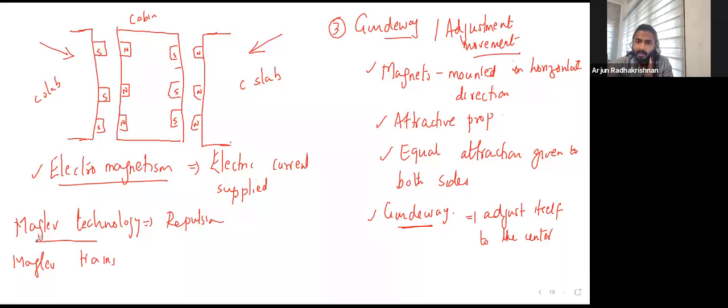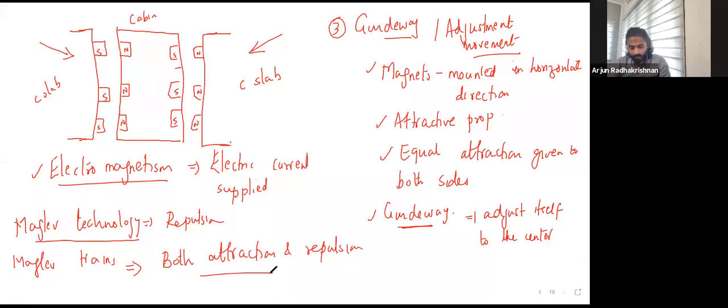This maglev technology is also used in maglev trains, but it is not just maglev technology; it uses propulsion, it uses guideway, etc. So maglev trains use both attraction and repulsion. Maglev technology is only repulsion.